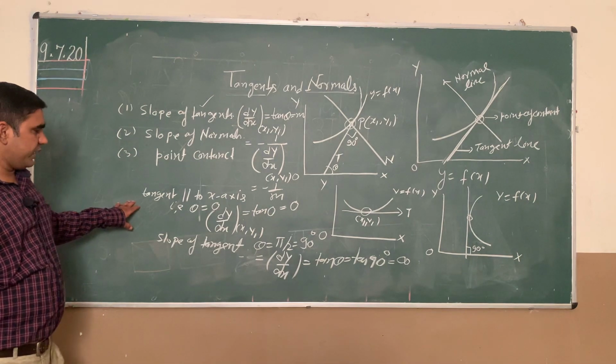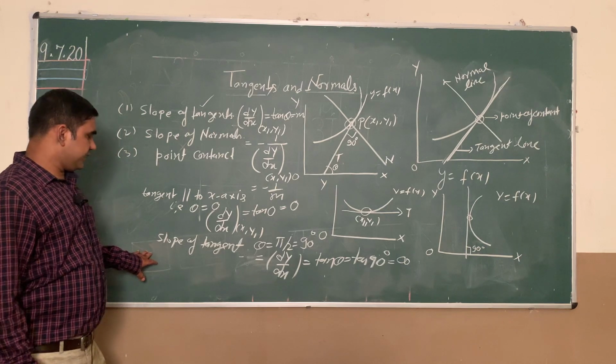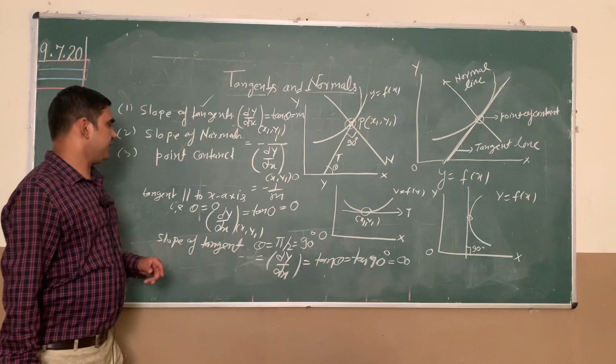If the tangent is parallel to the x-axis, then the slope of the tangent is 0. If the tangent is parallel to the y-axis, then the slope of the tangent is not defined. Then what will be the slope of the normal in that case?